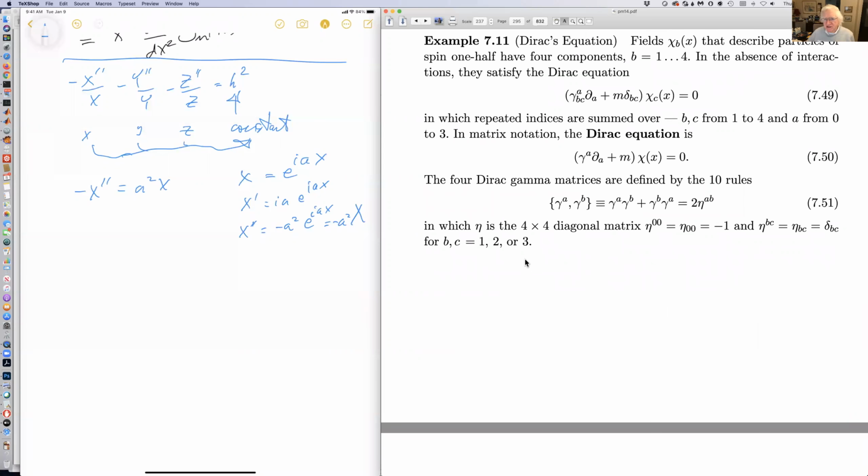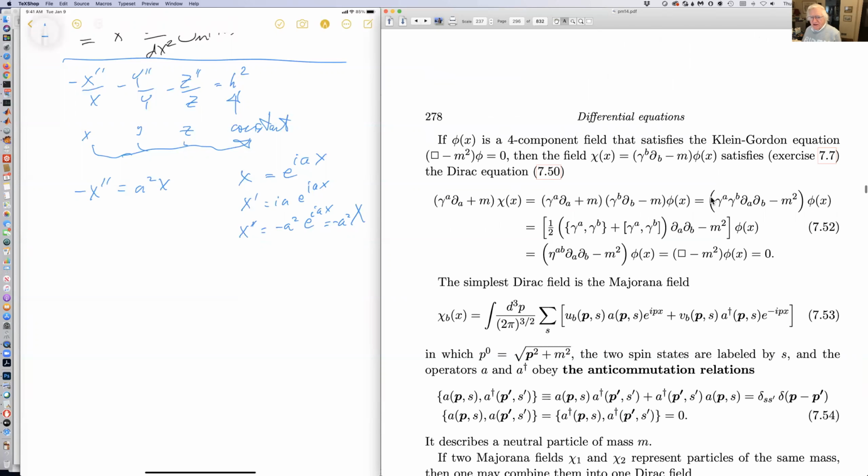Dirac's equation is basically gamma^a times the a-th derivative plus the mass, acting on, let us say, a Majorana field, is equal to 0. And so it satisfies this Dirac equation. The gamma matrices have an anti-commutator that's twice the metric of flat spacetime.